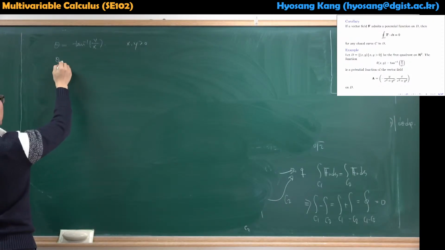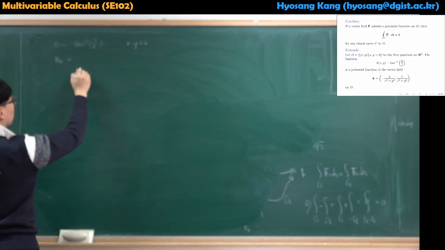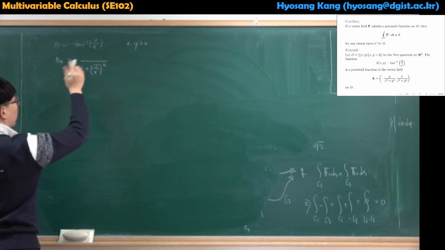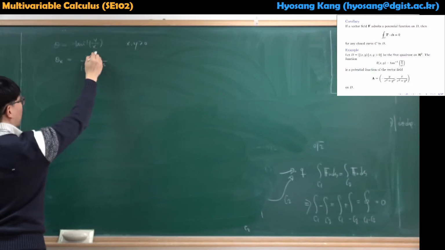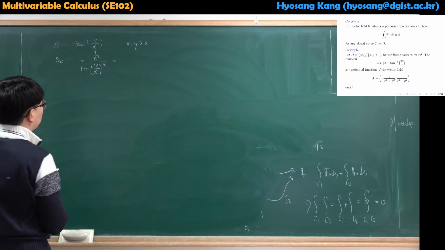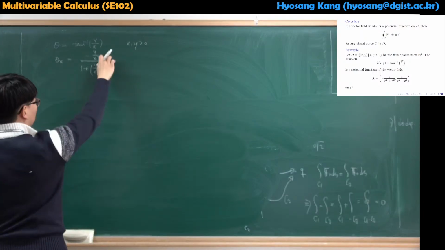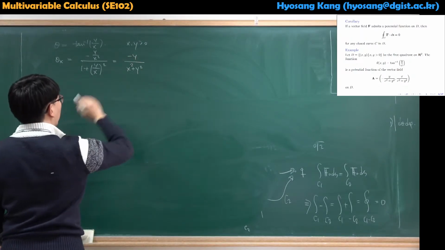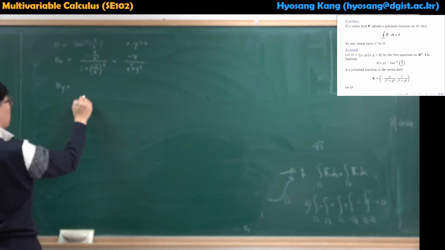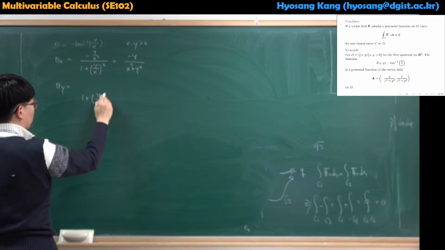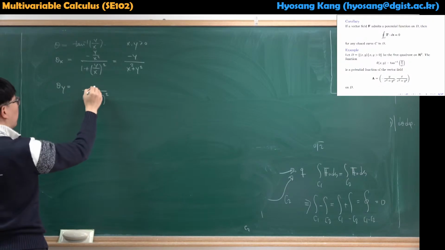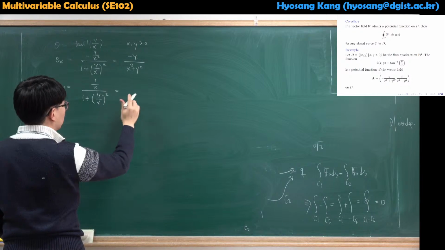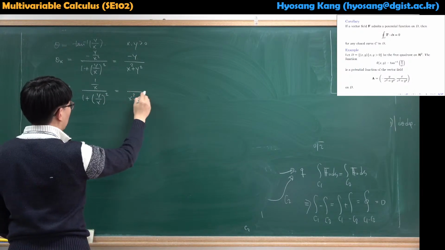So theta x is 1 over 1 plus (y over x) squared, times the derivative of y over x, which is minus y over x squared. When I multiply x squared on top and bottom, we have x squared plus y squared on the bottom and minus y on top. And what about theta y? We have 1 over 1 plus (y over x) squared, times 1 over x. So we multiply x squared on top and bottom, and we have x squared plus y squared and x here.